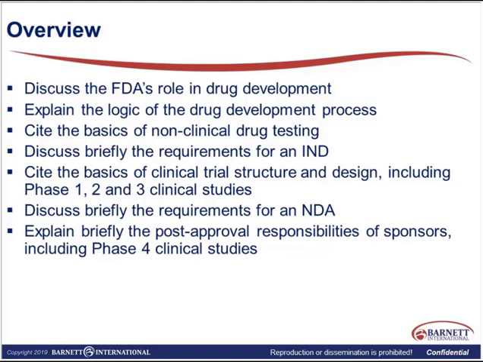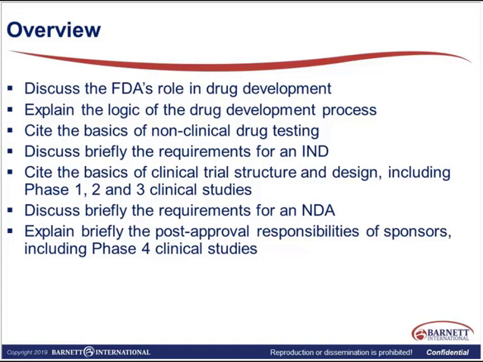We're going to also look at the basic non-clinical drug testing that is required. So what are the laboratory requirements to be able to show that this drug is manufactured and also safe before we begin testing in humans?